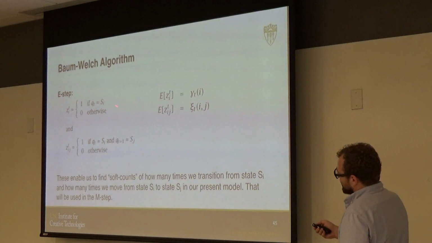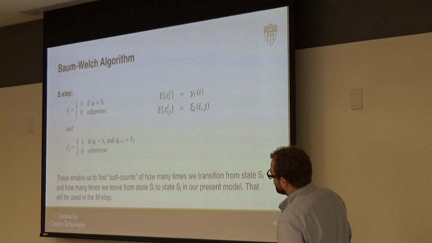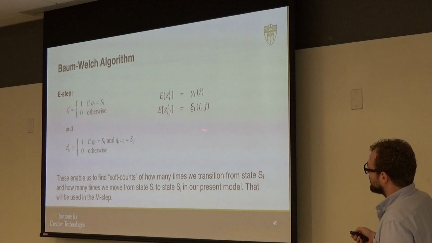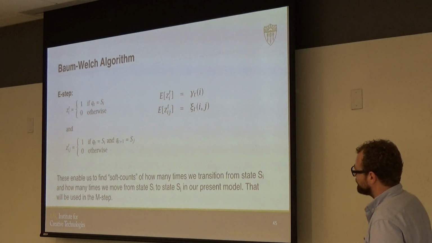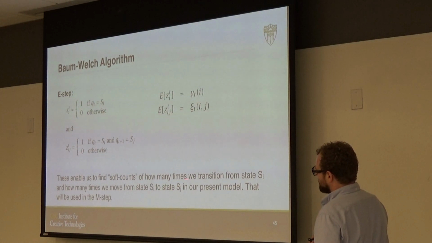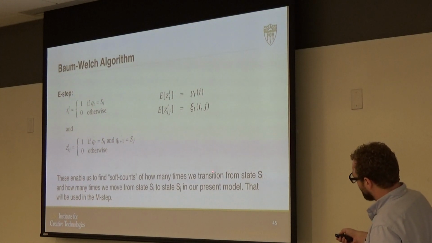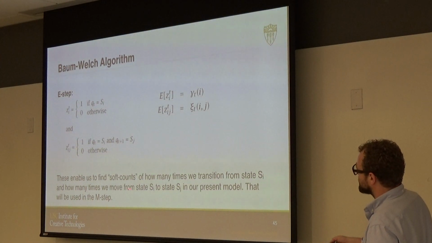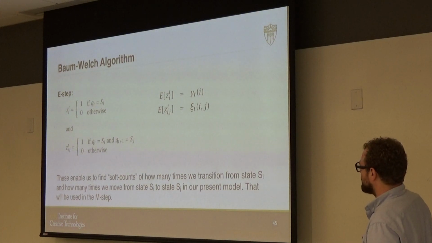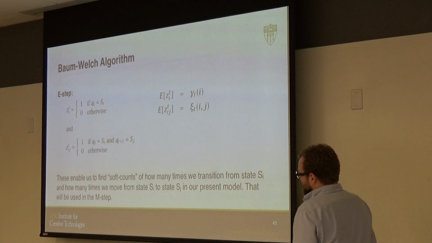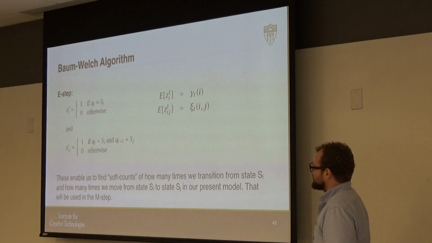This is important because otherwise we would compute all of them, so we just count how many times we are transitioning from state Si, and how many times we transition from Si to Sj in our present model, and these will be used in the maximization step.